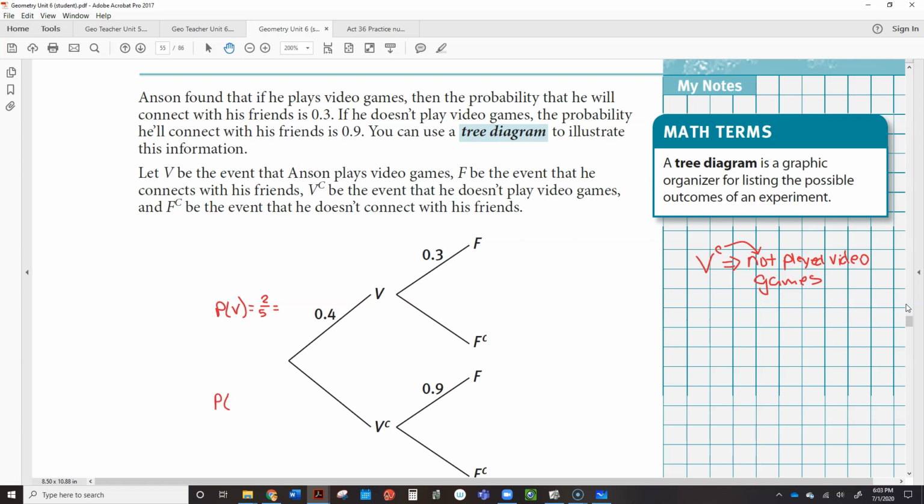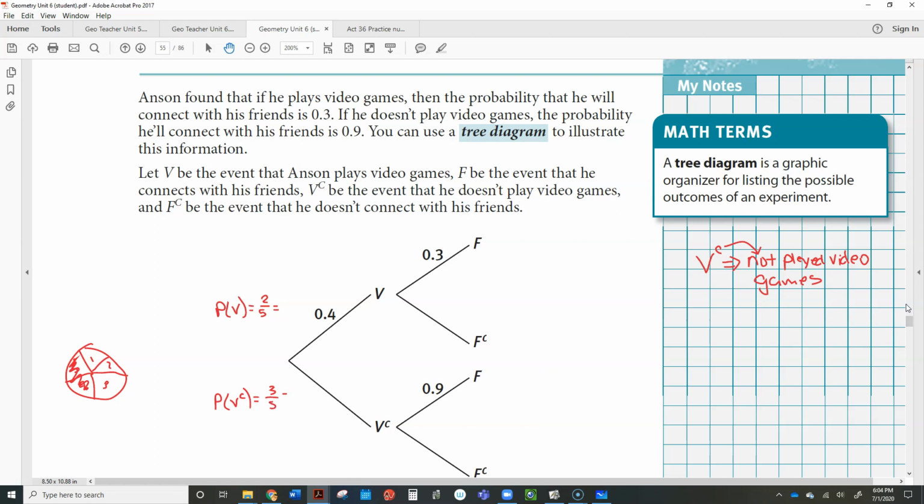So the probability of not playing videos, now you have to think about, go back to the spinner, okay? The spinner had 5. And 1, 2, 3, 4, 5. These 2 right here were the 2 that we talked about right here. So if he lands on a 1, 2, or 3, what's the probability that that's going to happen? Well, that's 3 places that he can land out of a total of 5.